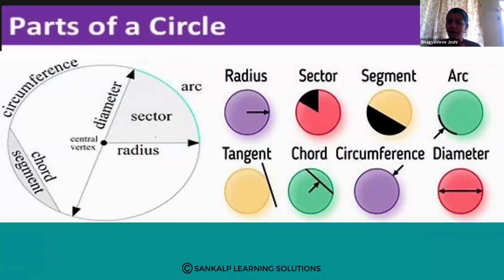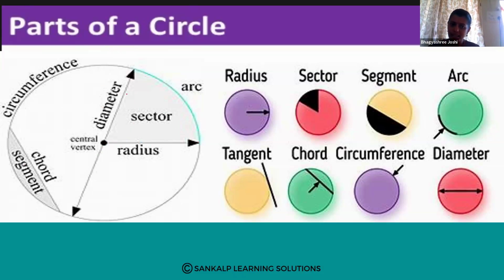Next, parts of the circle. Yesterday we discussed the parts of a circle. This is the center of the circle, and the distance between the center and a point on the circle we call the radius.